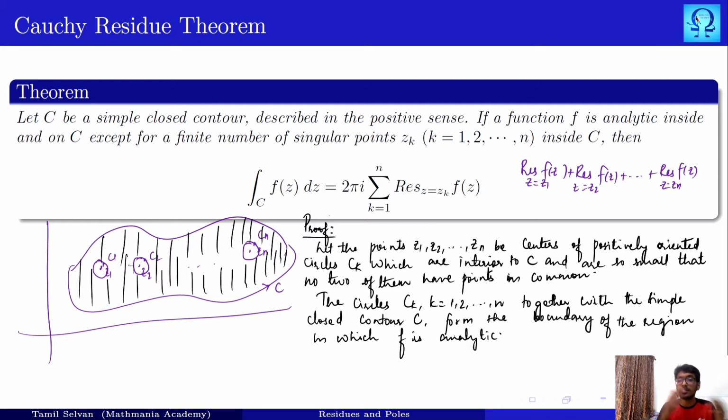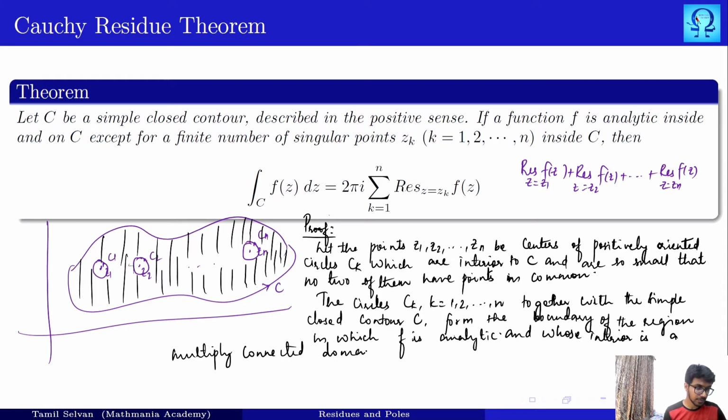So this shaded region has as its boundary the circles and the closed contour together, on which f is analytic, and whose interior is, sorry, this is not a simply connected domain, this is a multiply connected domain, consisting of the points inside C and exterior to Ck.